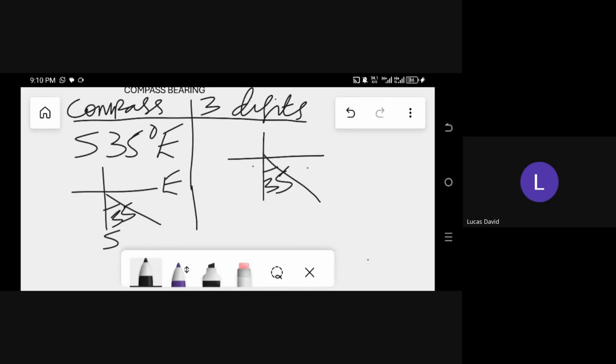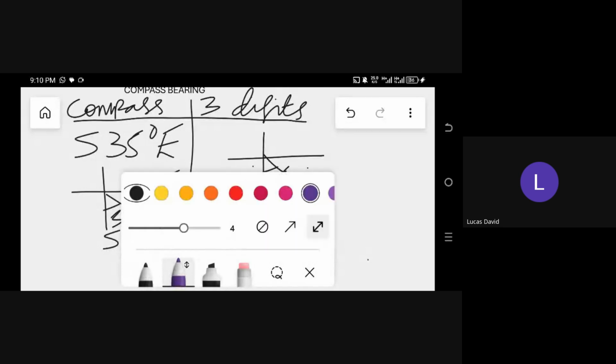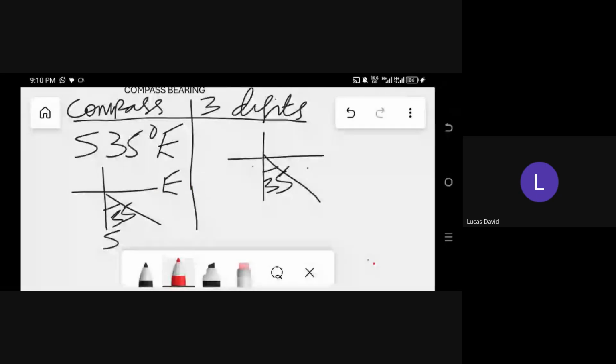Now, in 3-digit bearings, you measure the bearings from the north until you get to this line. Let me label the line here for you. I mark this line red. That is where you stop.